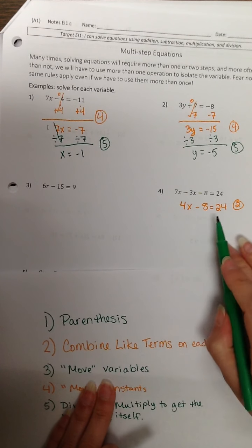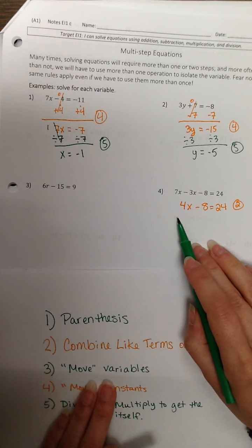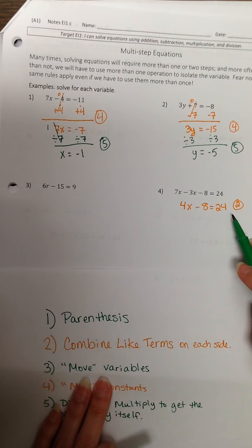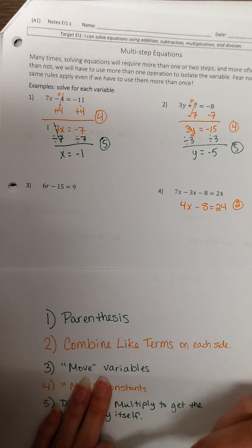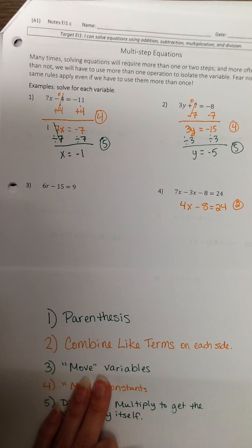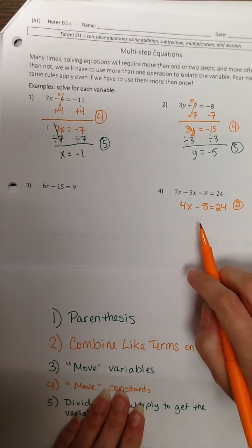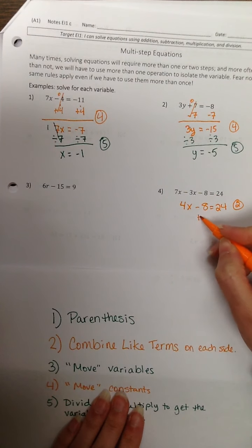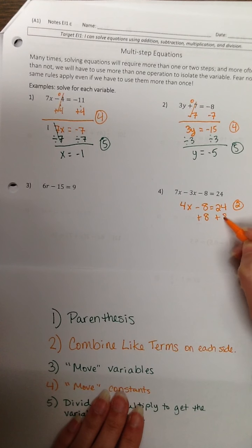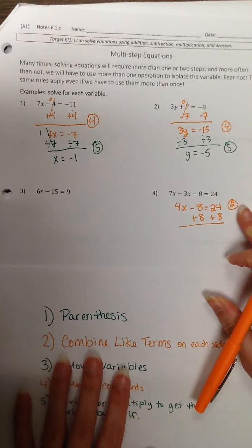Now I want to see if I need to move the variables to either side. Well, the variables are already on the left-hand side, so I don't have anything to do with step 3. I want to move all my constants to the right side, so I'm going to add 8 to both sides.